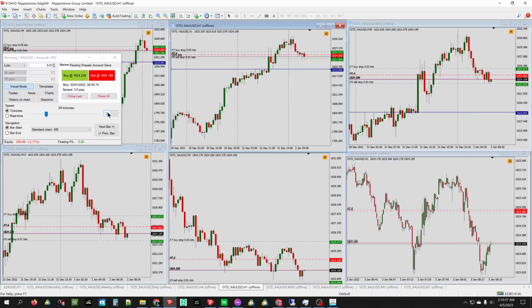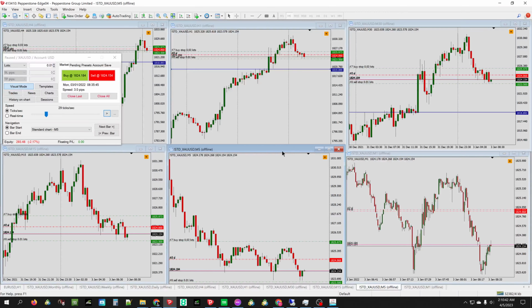If I find something in M5 again, which I have found already, I will treat it essentially as an A grade setup. A grade setup.